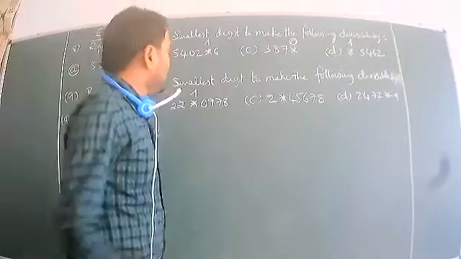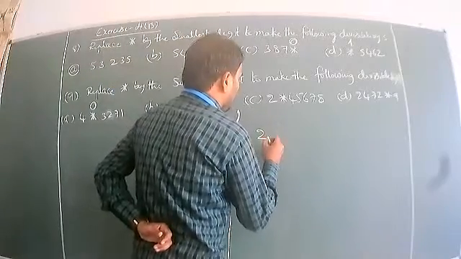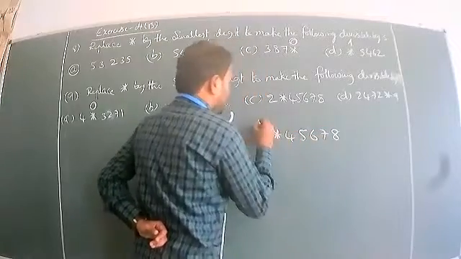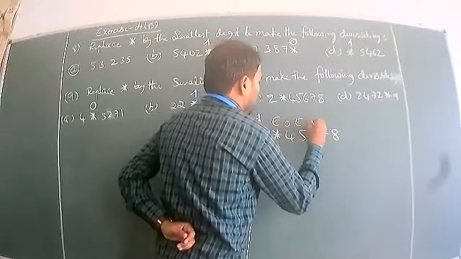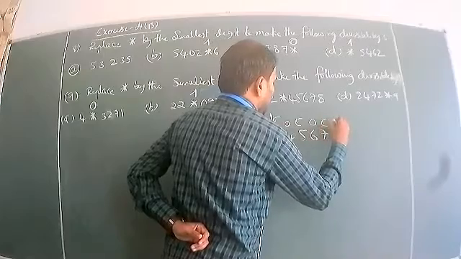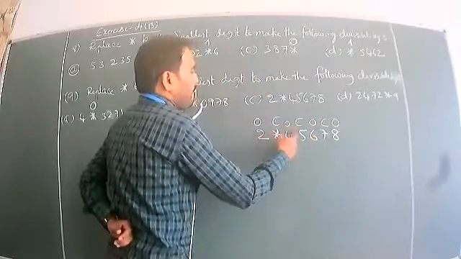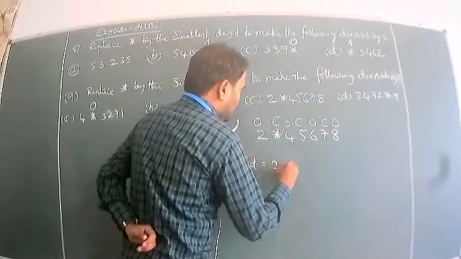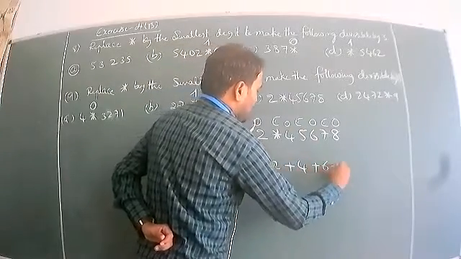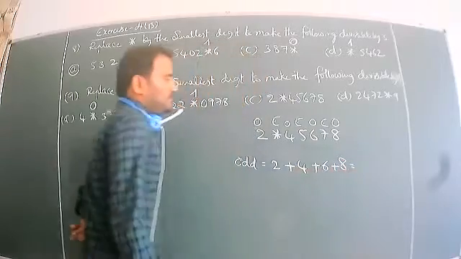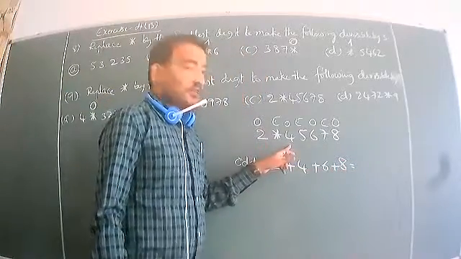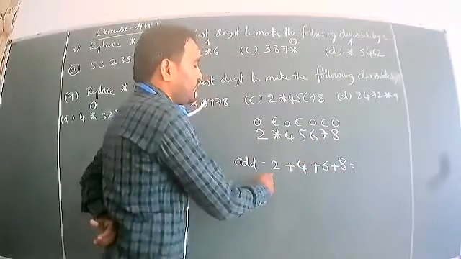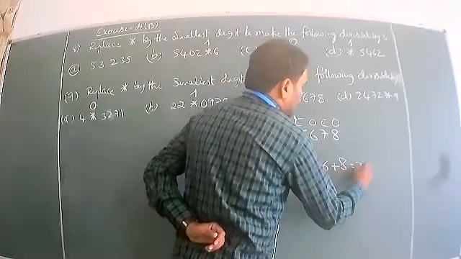Next one. The third one: 2, star, 4, 5, 6, 7, 8. So odd, even, odd, even, odd, even, odd. Now first the odd digits: 2 plus 4 plus 6 plus 8. 2 plus 4 is 6, 6 plus 6 is 12, 12 plus 8 is 20.